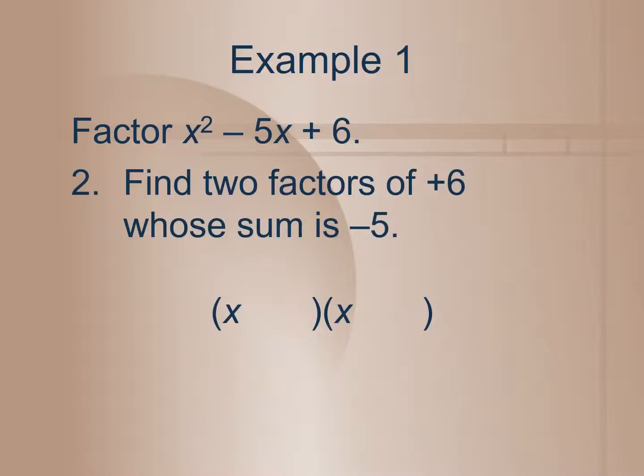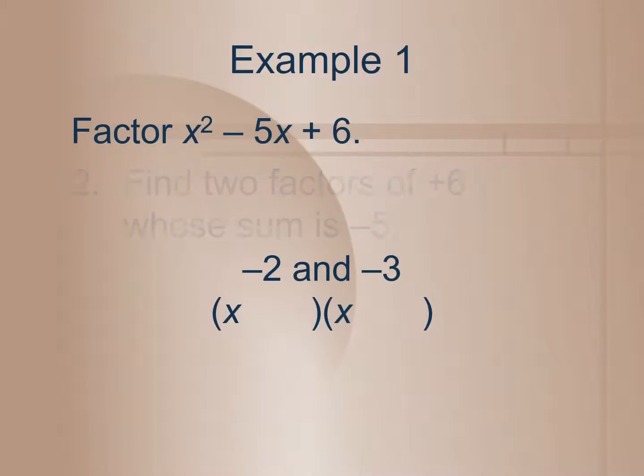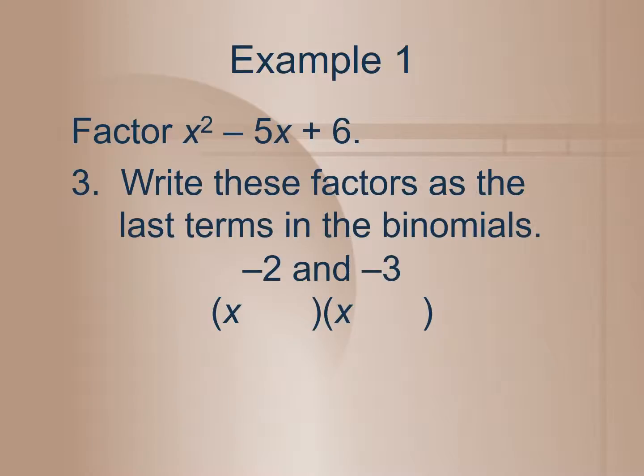But 2 and 3 add up to positive 5. We could use negative 2 and negative 3 because those still multiply to positive 6, but if you add negative 2 and negative 3, they add up to negative 5. So negative 2 and negative 3 are going to be the factors that we want. So we're going to write negative 2 and negative 3 as the last terms in our binomials. So here's that negative 2, and here's that negative 3.